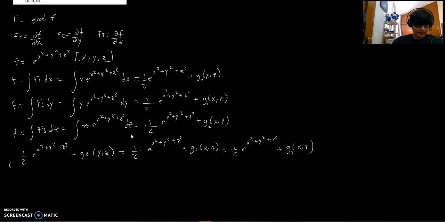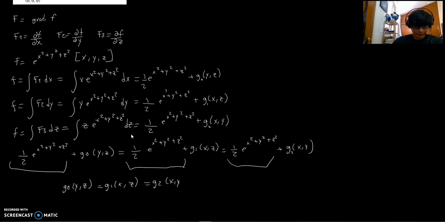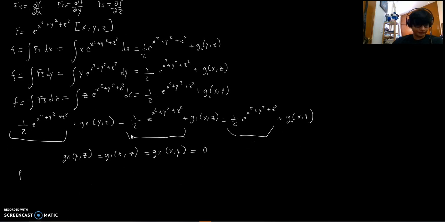So we can see that these three sections are the same. Hence, we can suppose that g0 is equal to g1 equal to g2, but this is equal to 0. Hence, the scalar function would be equal to 1/2 of e^(x² + y² + z²).